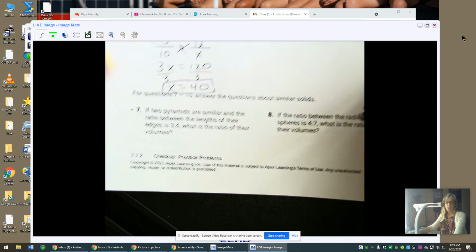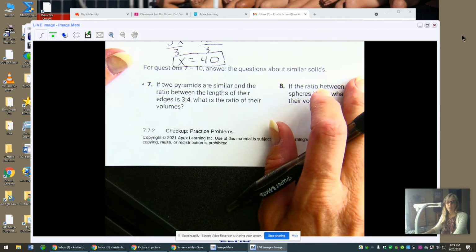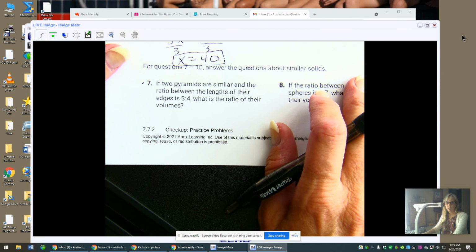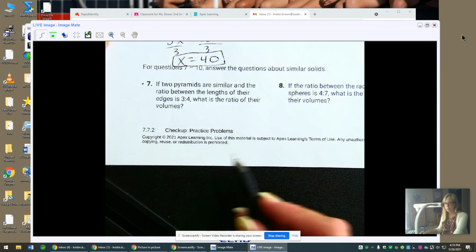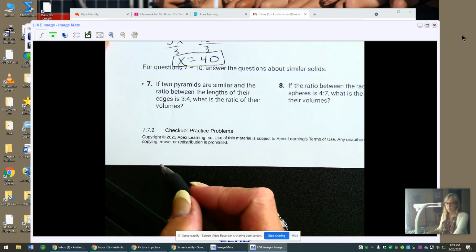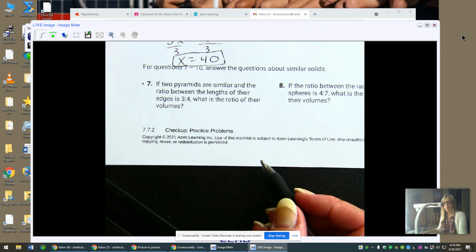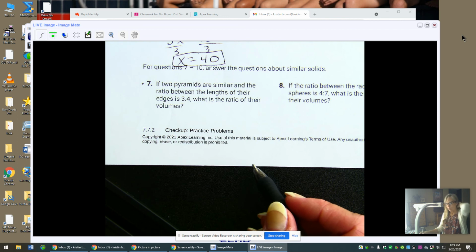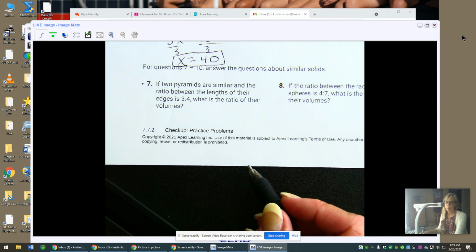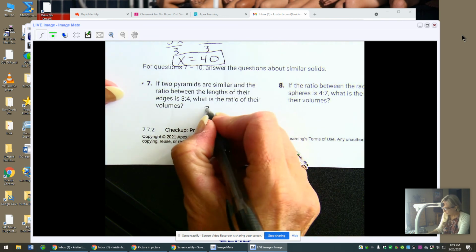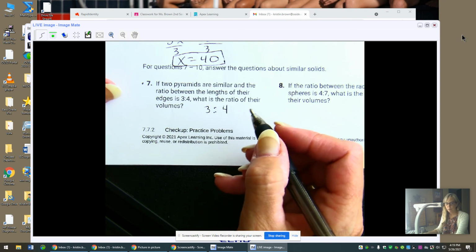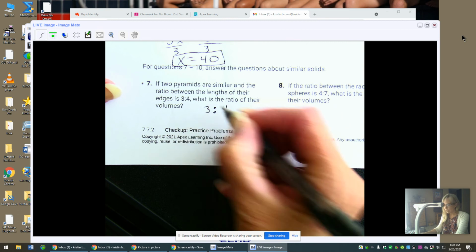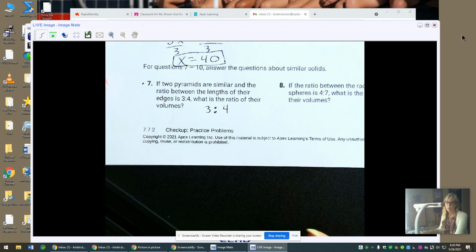All right, number 7. This is new. It says the two pyramids are similar, and the ratio between the lengths of their edges is a 3-to-4 ratio. So the smaller figure has an edge that's 3, and the larger figure has an edge that is 4. What is the ratio of their volumes? Well, it's not too complicated. I'm just going to tell you the rule. Their ratio is a linear measurement, like an edge, just from this point to that point.